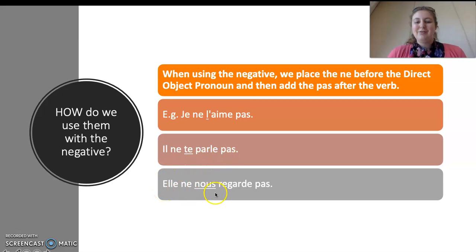Elle ne nous regarde pas. She is not watching us. Elle is our subject. Ne, first part of our negative. Nous, that's we or us. Regarde pas. And that, monsieur, is how we use direct object pronouns in French.